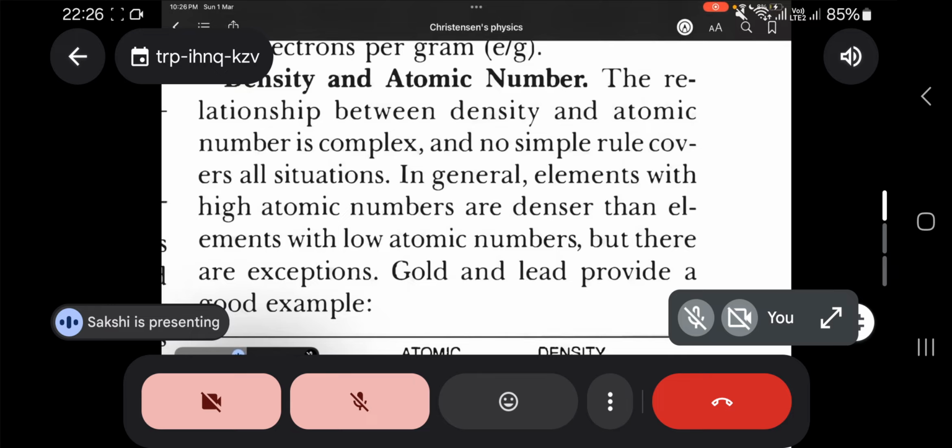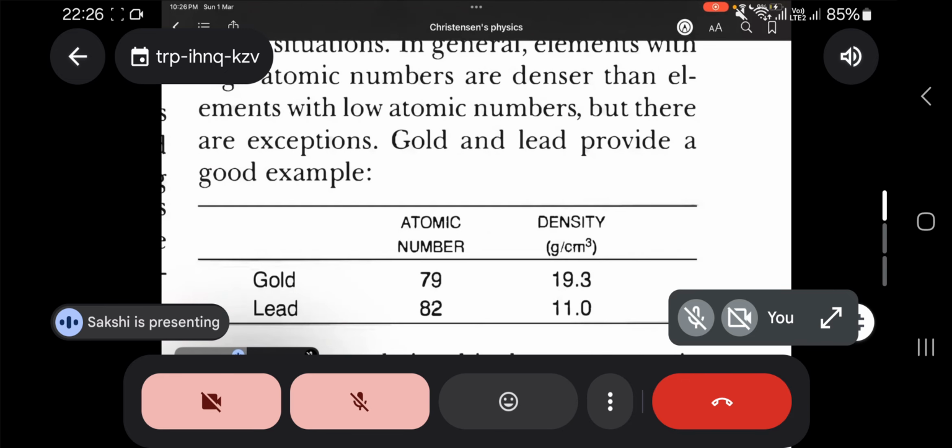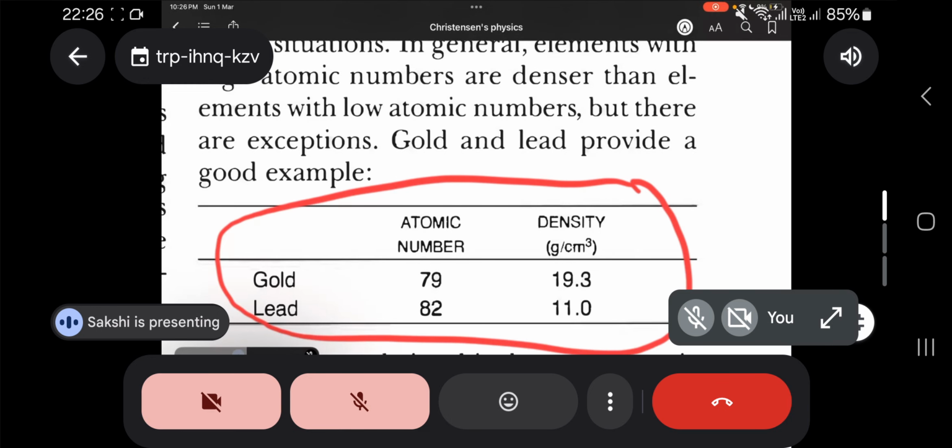In general, elements with higher atomic number are denser than elements with low atomic number. But obviously there are exceptions. For example, they are giving you some exceptions that you should write in your notebook. Please write it down, because they will give you exception questions, asking that generally atomic number is proportional to density, then why is this so in gold and lead?